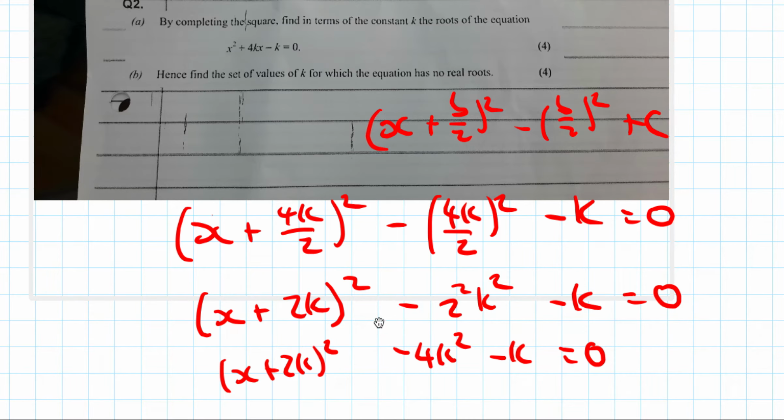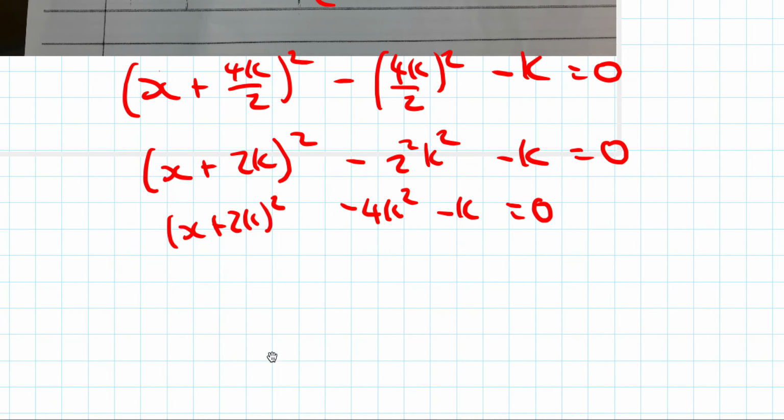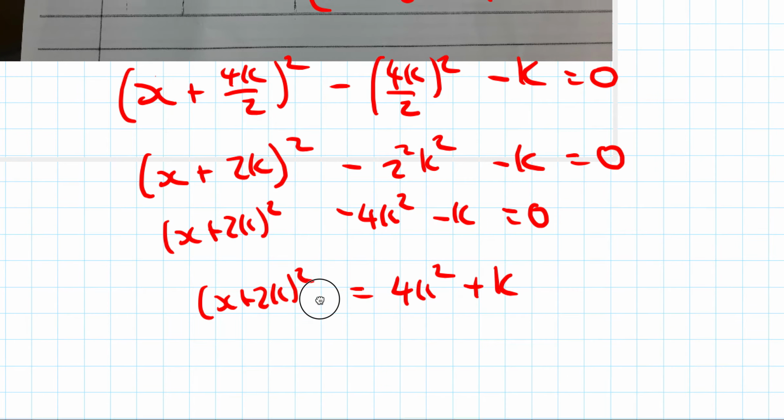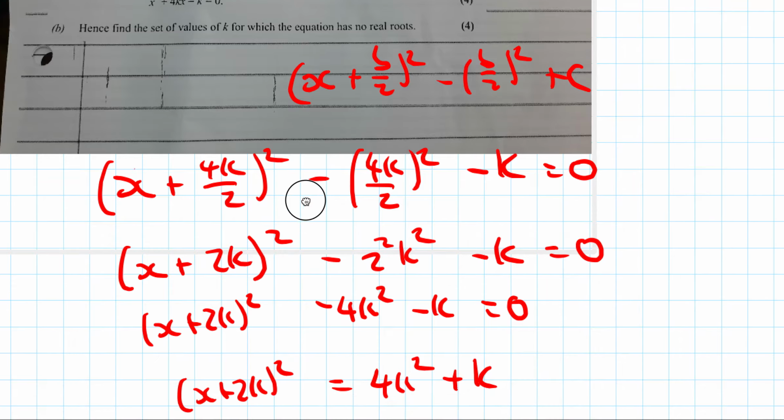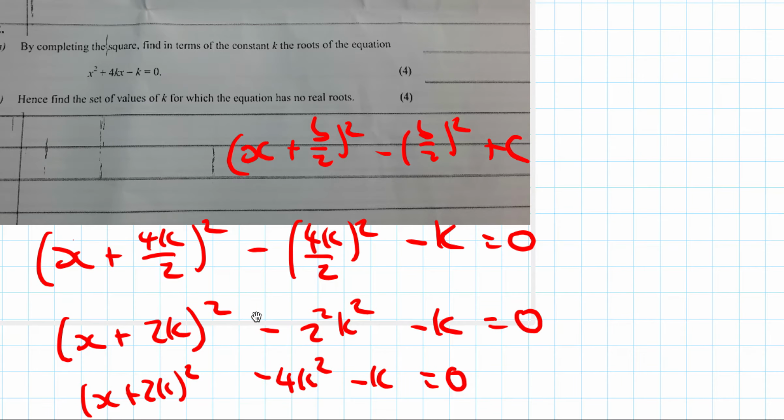So then from here, we rearrange, so it's going to be x plus 2k squared is equal to 4k squared plus k, and then find in terms of the constant k the root of the equation.